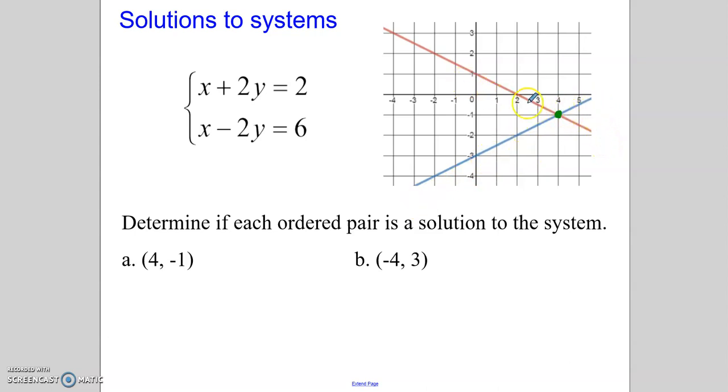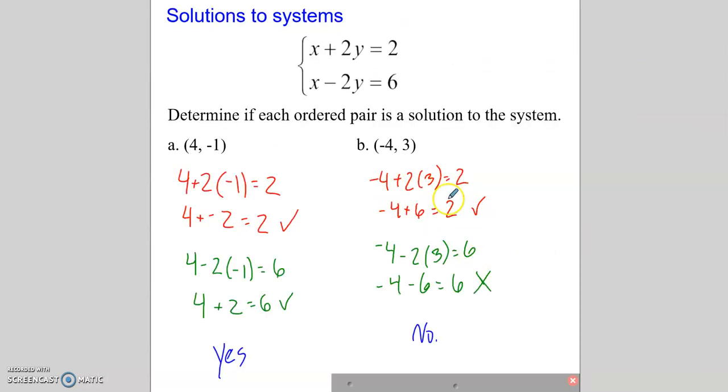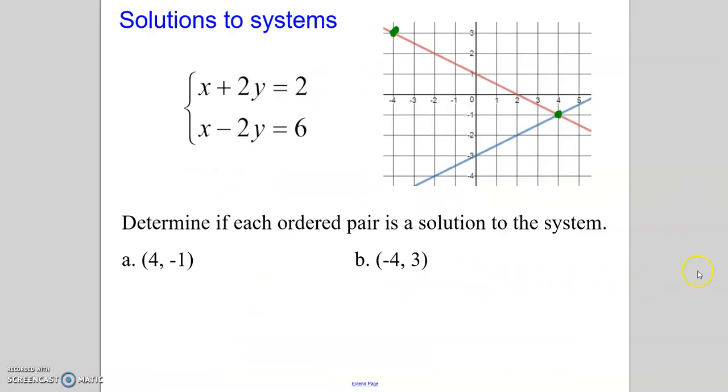It is a point that lies on both of these lines. Whereas this point, -4, 3, you can see is on the red line but not the blue line. Well, that's because it worked in one equation and not the other one. This equation that it worked in, that means that this point is on this line, but because it didn't work in this equation, it is not on that line. So that's what it looks like graphically.